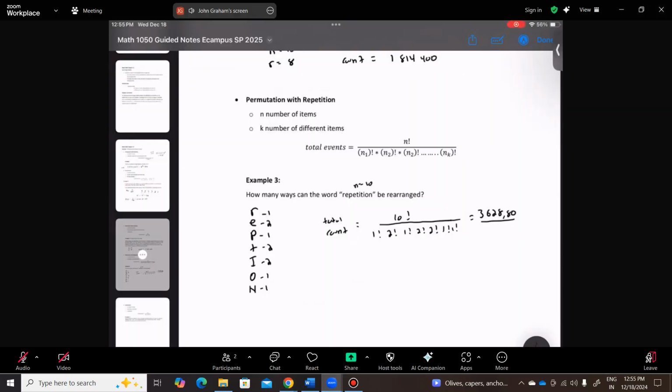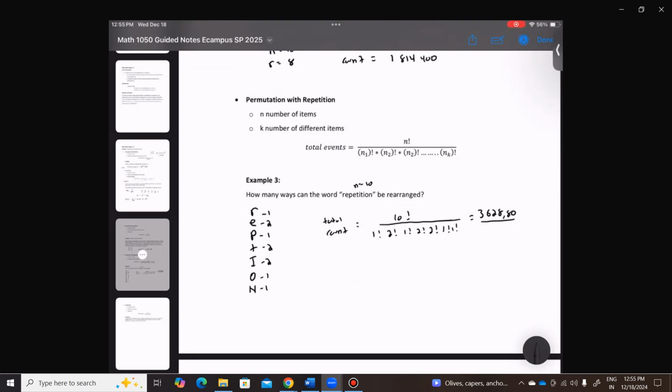And then 1 factorial is just 1, so we don't have to worry about those. 2 factorial is just 2, so we're dividing it by 2 3 times, which is going to be 8.